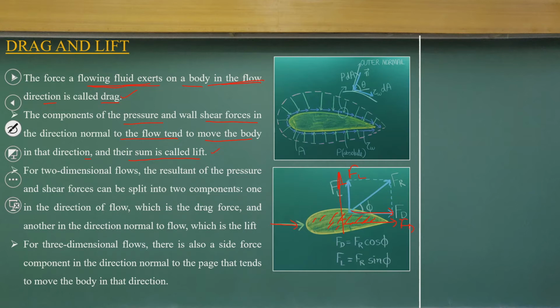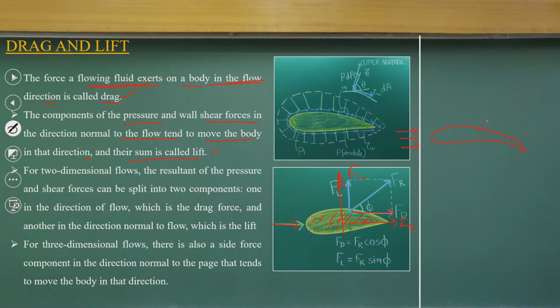Now, if you look at these cases, if I consider an aerofoil, and the free stream velocity is coming like this, there will be boundary layer formations and a pressure difference will be generated.